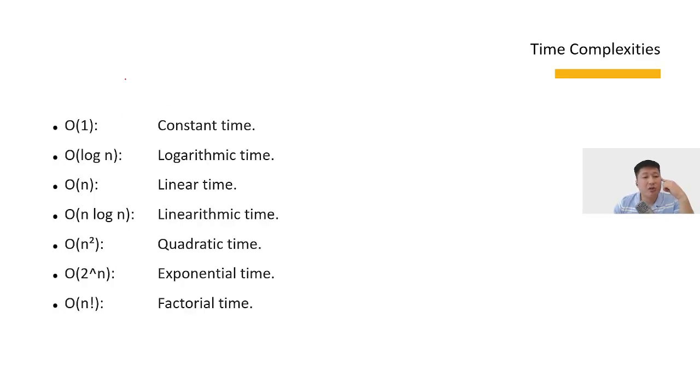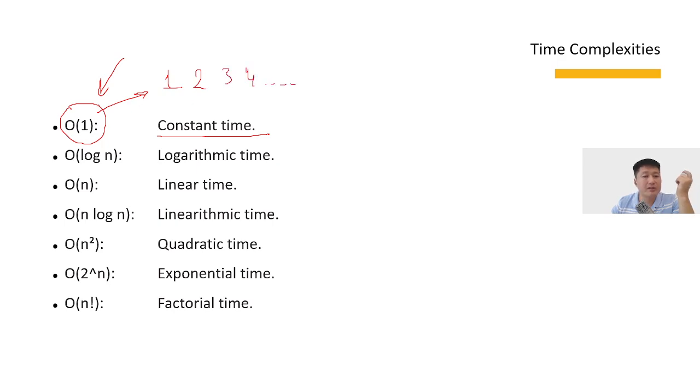So these are the commonly used time complexities. O(1) is constant time. It doesn't matter how many elements you have, we do it very quickly using one formula or something else, okay? Showing the last number in the array, or showing the sum of an array, you remember?